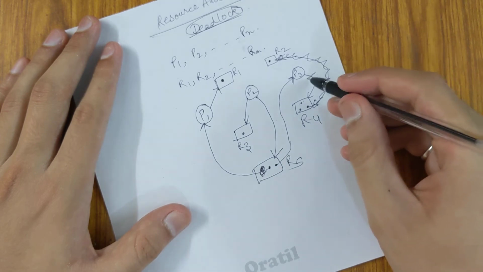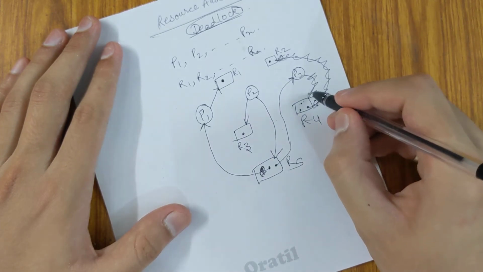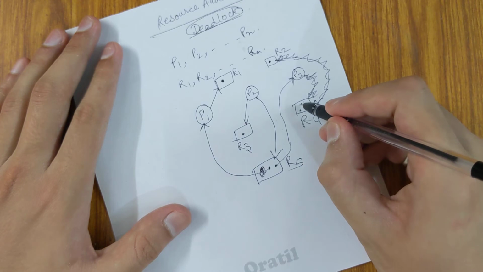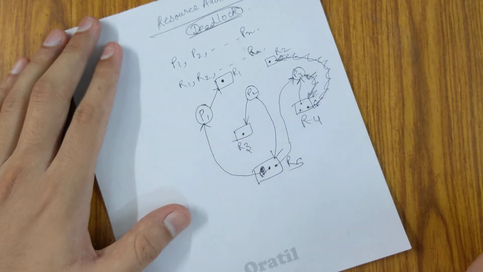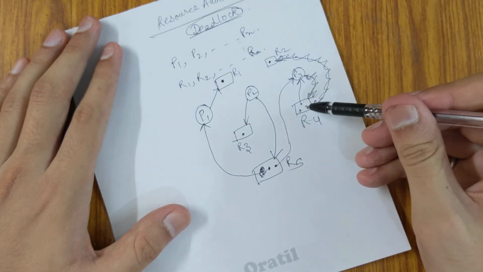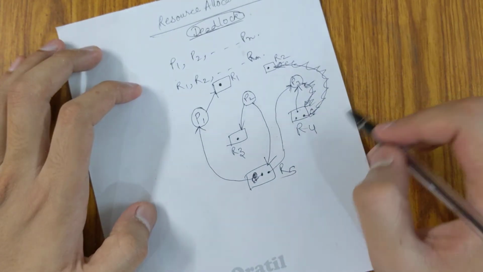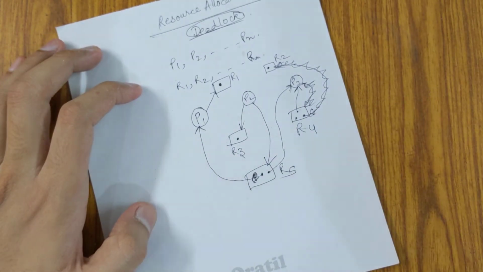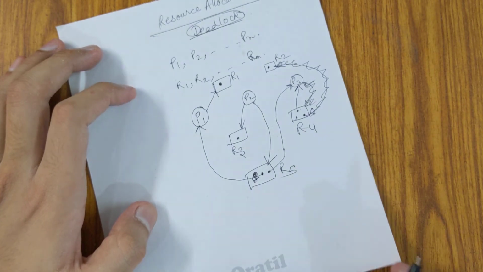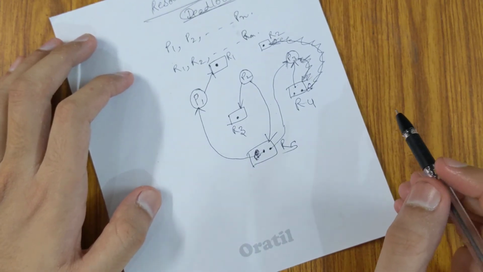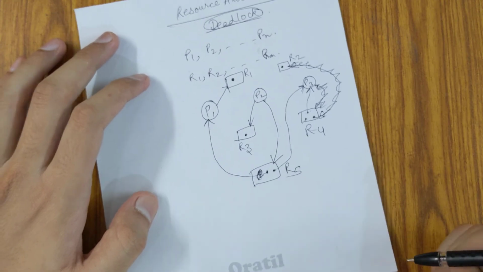So we delete this edge from the graph because the request has been satisfied, and we assign this new edge, denoting that R4 is now assigned to P3. So this is the kind of modification we do in the resource allocation graph when a resource is allocated.